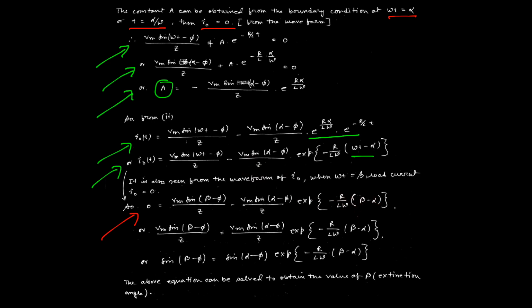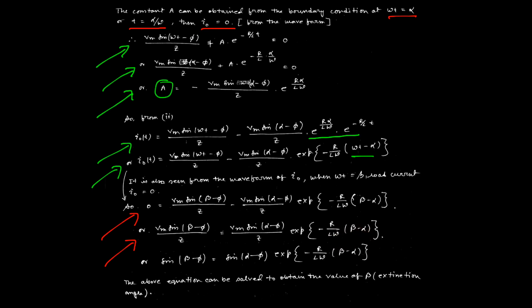So finally, after simplification, we can write the expression that is Vm sin (beta minus alpha) by z is equal to Vm sin (alpha minus phi) by z exponential of minus r by L omega (beta minus alpha).